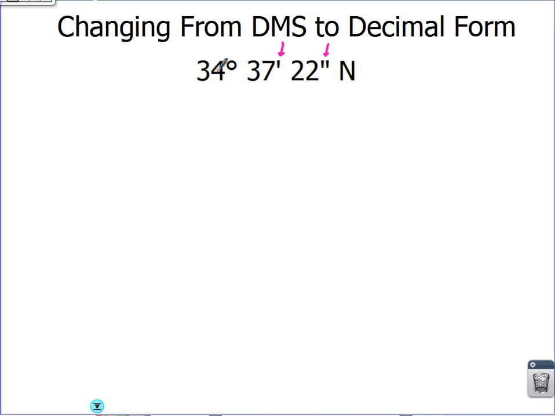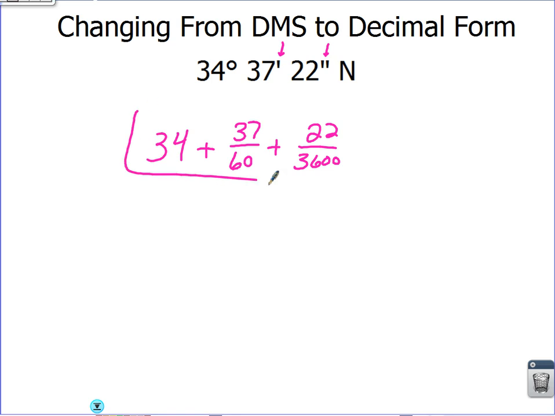So what I have here is 34 full degrees plus 37 sixtieths of another degree, plus 22, not 22/60ths. Be careful. That's the reason I ask you that. It's not 22/60ths of a degree, but 22/3600ths of a degree. Because there's 60 of these in a degree, there's 3600 of these in a degree. Type that into your calculator. You are now in decimal form.